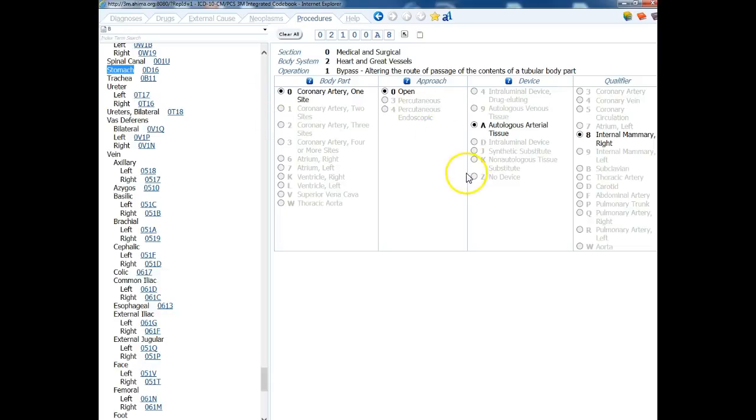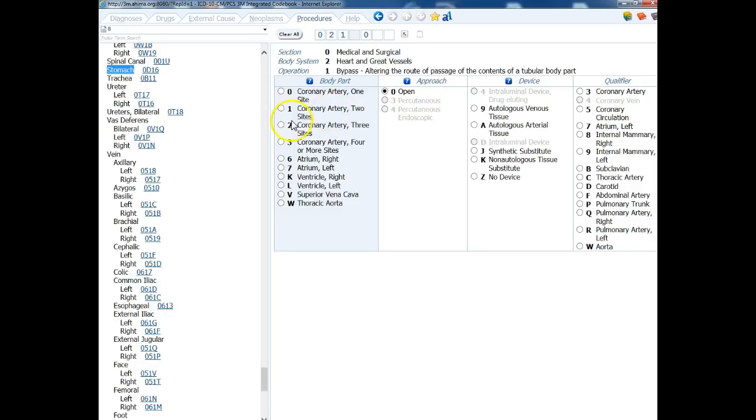And in that scenario where I have a triple bypass and I use saphenous vein for 2 of them and internal mammary for 1 of them, I have to have 2 different codes because the procedures are different.